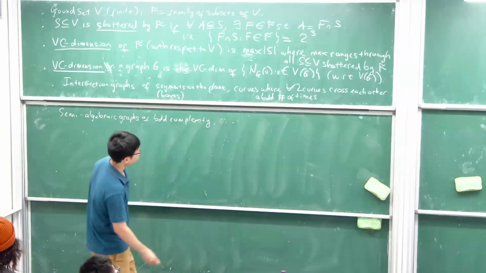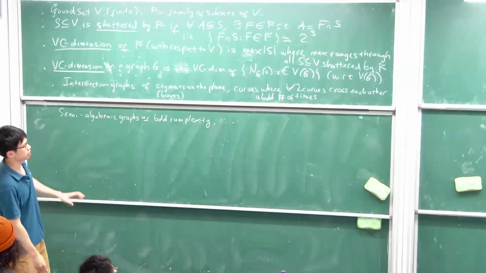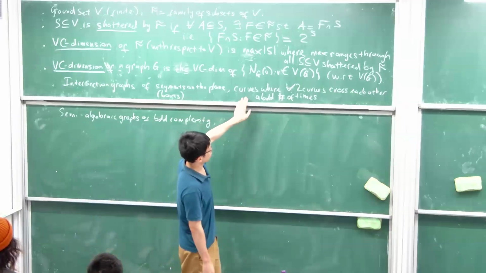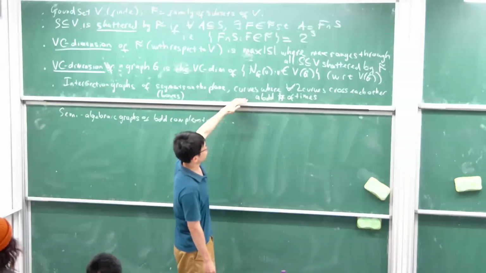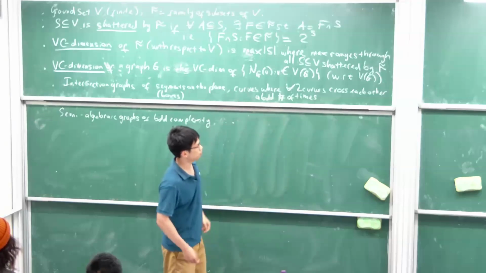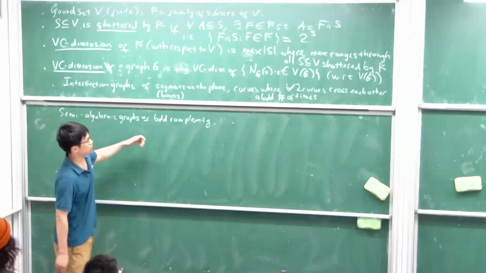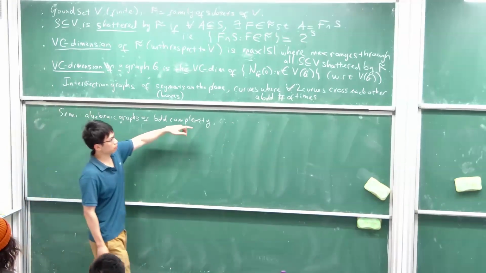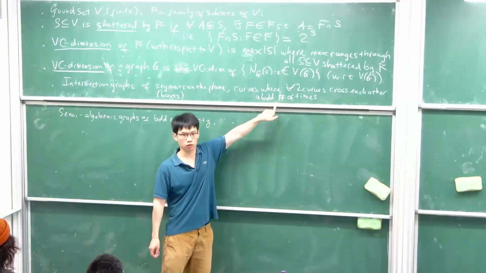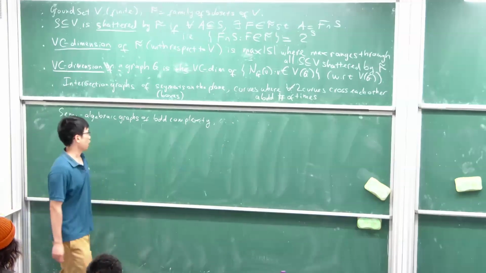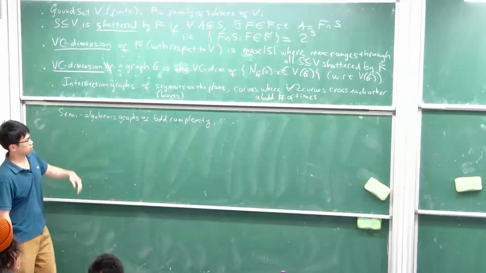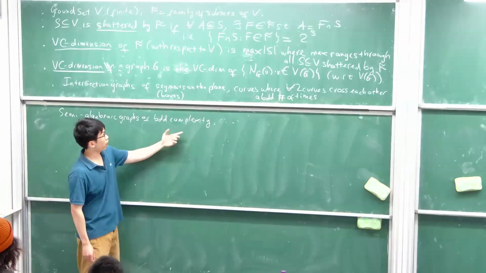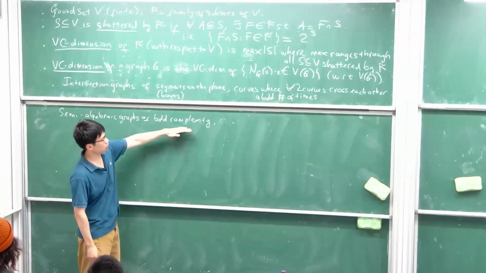All of these, depending on the parameter given, for example in the intersection graphs of curves where every two curves meet each other at most a bounded number of times, have bounded VC dimension, where the VC dimension depends on this bound on the number of intersections. Semi-algebraic graphs of bounded complexity also have bounded VC dimension, where again the dimension depends on the complexity.